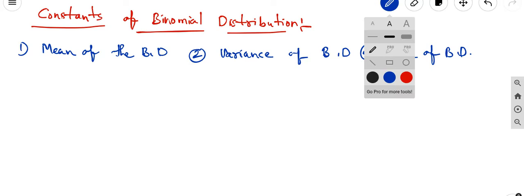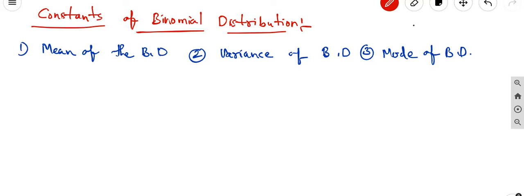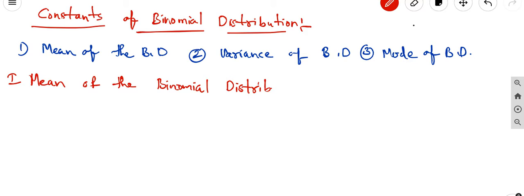First we are going to discuss the mean of the binomial distribution. It is very important, the mean of the binomial distribution.